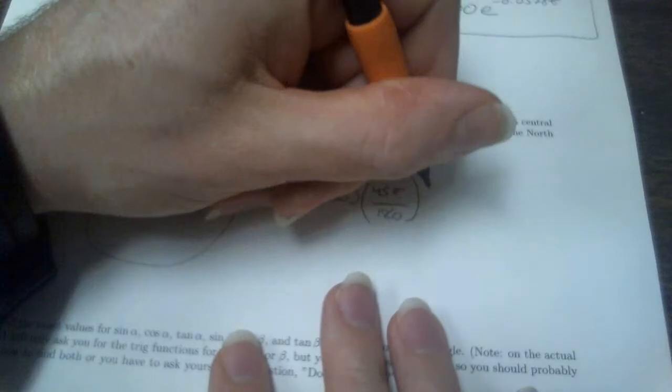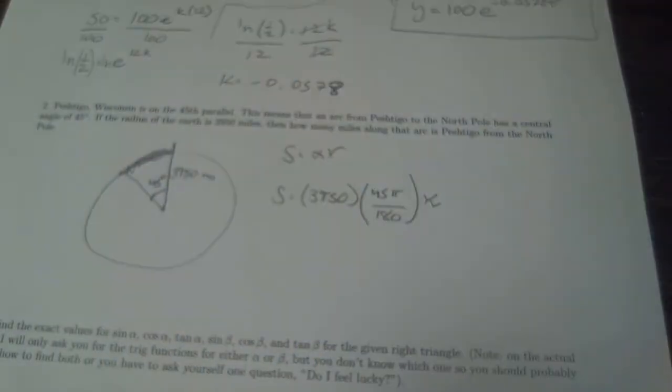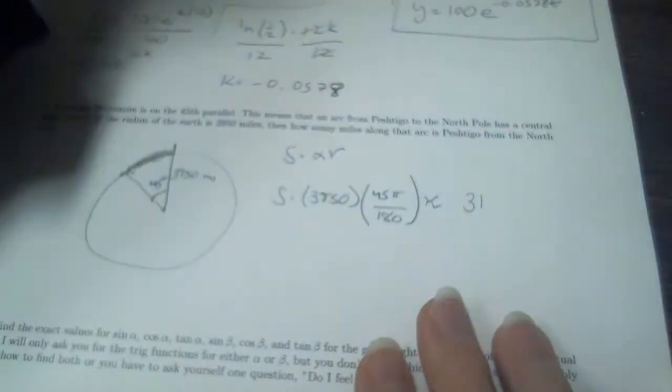So I'm going to plug this into my calculator here. So you have 3950 times 45 pi over 180. We end up with 3102.